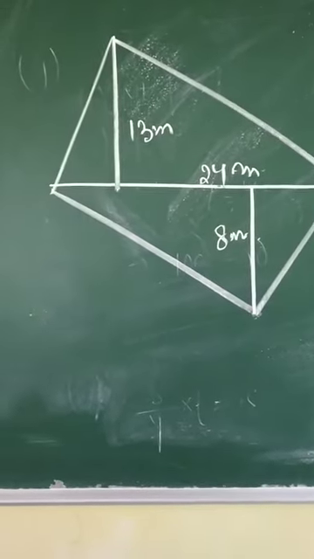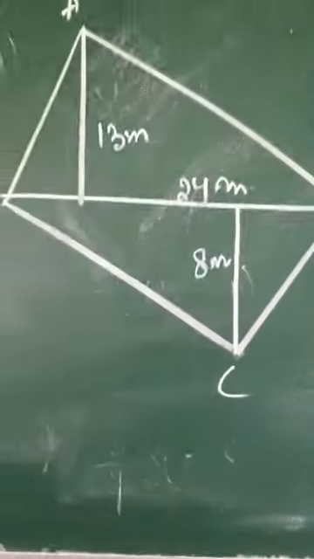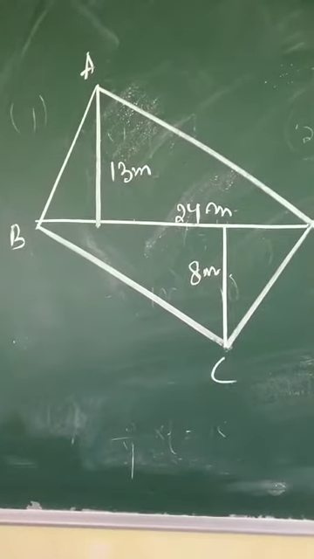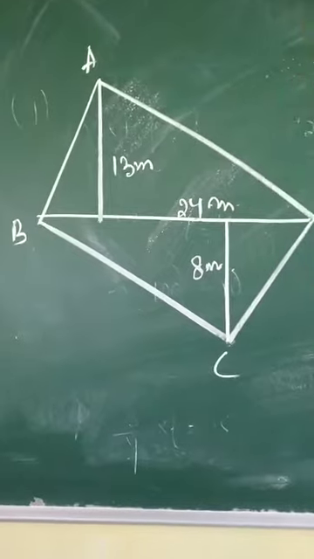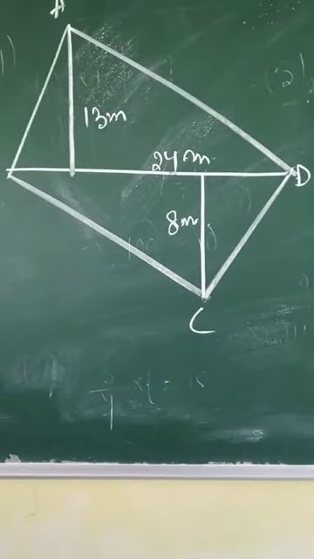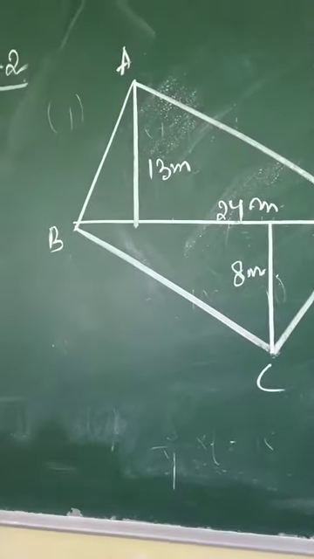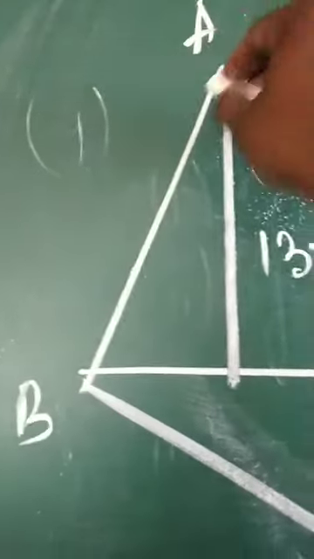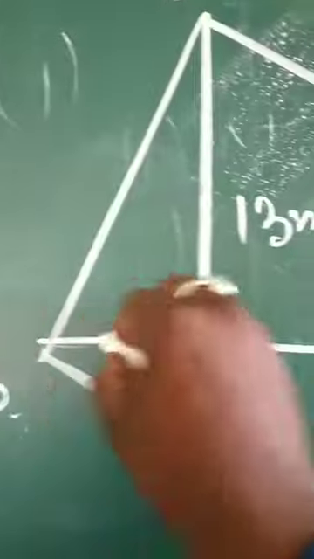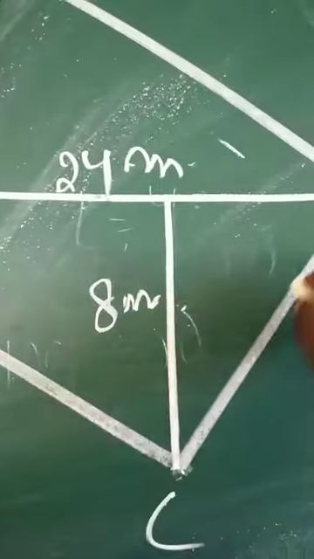So children, here the very first job is what? We will name this quadrilateral first. As we can see, there is no direct process to find the area of this particular figure. So we have to use our mind. Two different triangles can be seen. The first one is triangle ABD, and the other is triangle BCD.